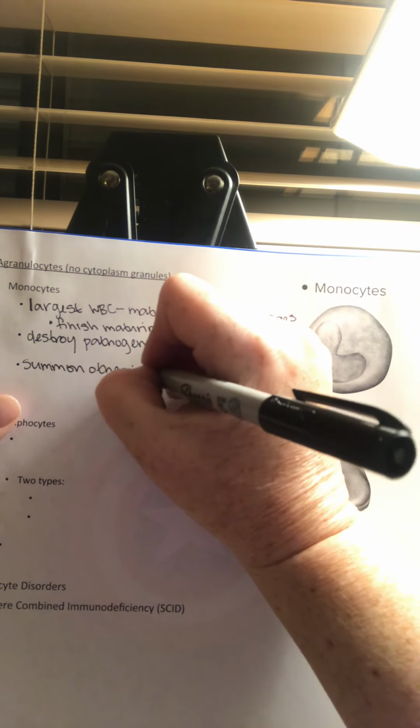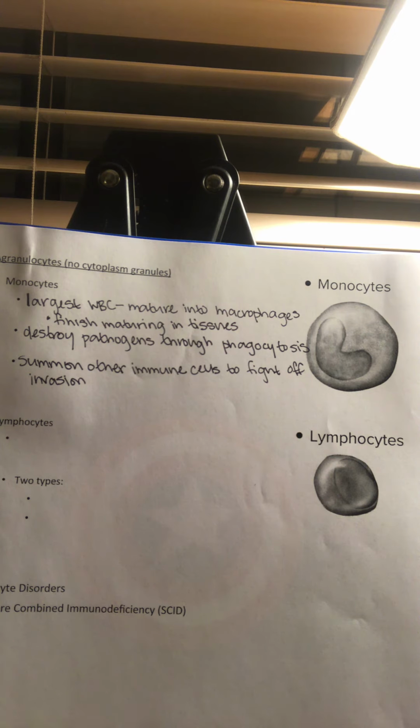Okay, so then we have lymphocytes. These guys are responsible for targeted immunity against specific pathogens. And again, we'll get into these in a little bit more detail with the immune system. So we've got macrophages, right? And they're going to find a pathogen, destroy it, digest it, and then break down the proteins to be like, okay, this is what we're looking for, is this part.